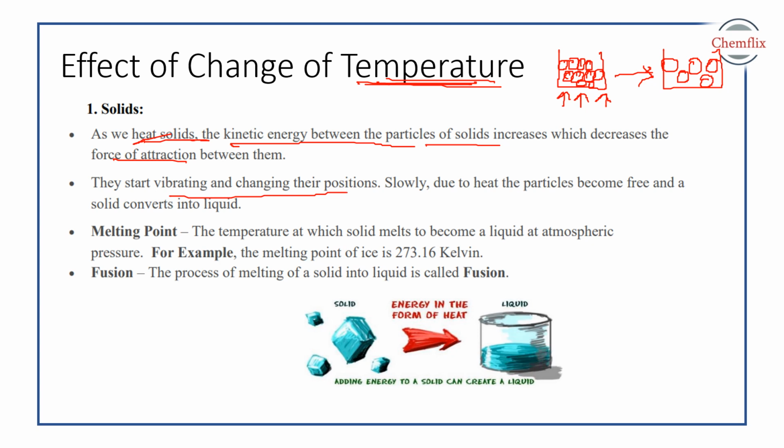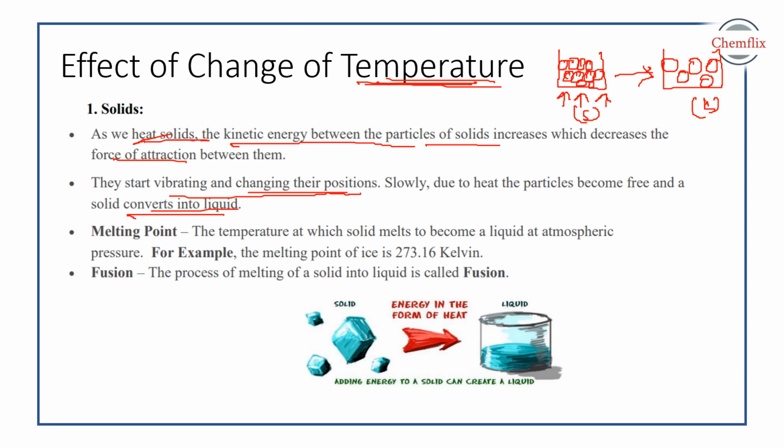Already we told that solids vibrate at a fixed position, on their own position, right? So when you are giving some temperature, they start to change their positions slowly due to heat. The particles become free and the solid is converted to liquid. So ultimately it changes its state to liquid.